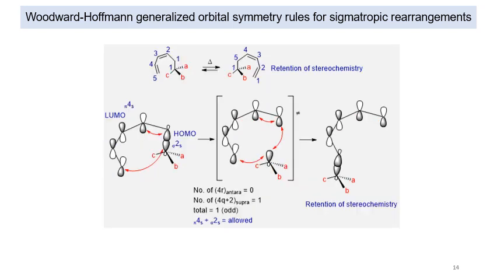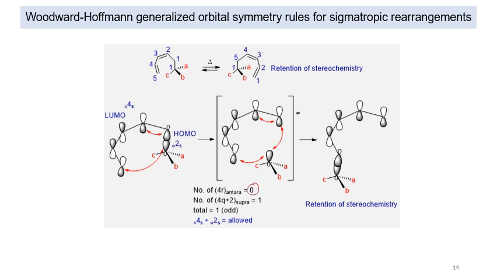What about the generalized orbital symmetry rules for the 1,5 shift? In the 1,5 shift, we can see here this is a supra-supra overlap. So in this particular case, it is geometrically allowed, symmetry allowed. Why? Because the 4r antara components: we don't have any antara components, so it is 0.